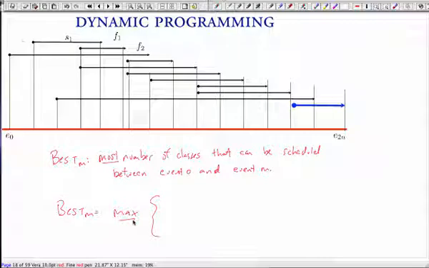So it's either going to be 1 plus the best of wherever the last class starts, or what's the alternative? Well, you skip the very last event 2n. Either you take that last class and it's 1 plus that solution, or you just skip that last class and consider the previous event.